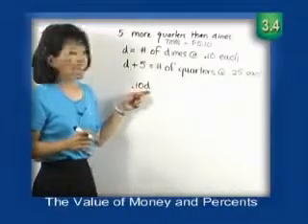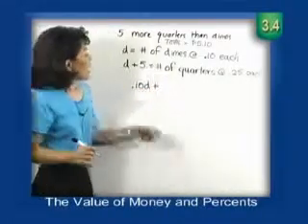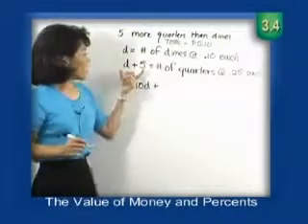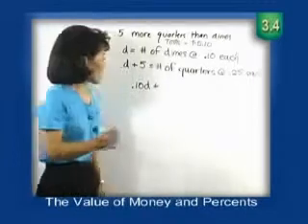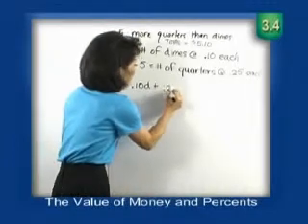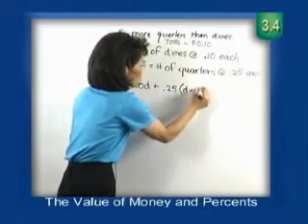Now we're talking value of the money she has in her pocket, plus each of these quarters, remember she has d plus 5 quarters, is worth 25 cents. So we'll write 0.25 times the number of quarters, which is d plus 5.